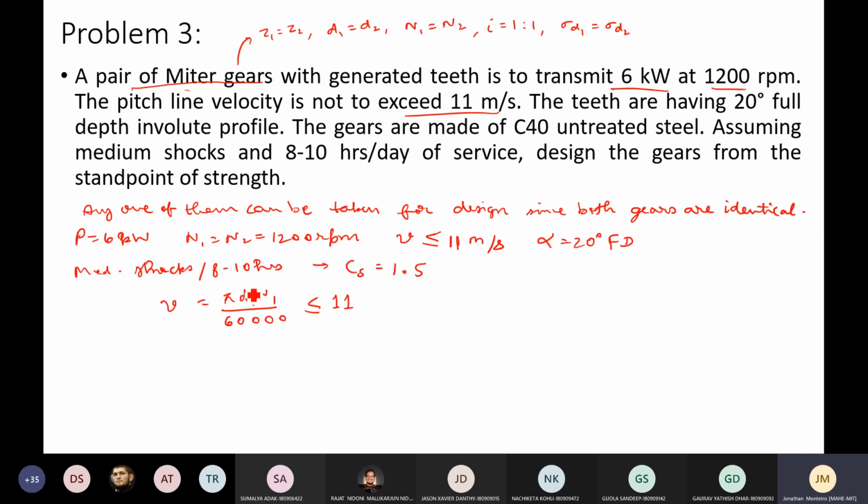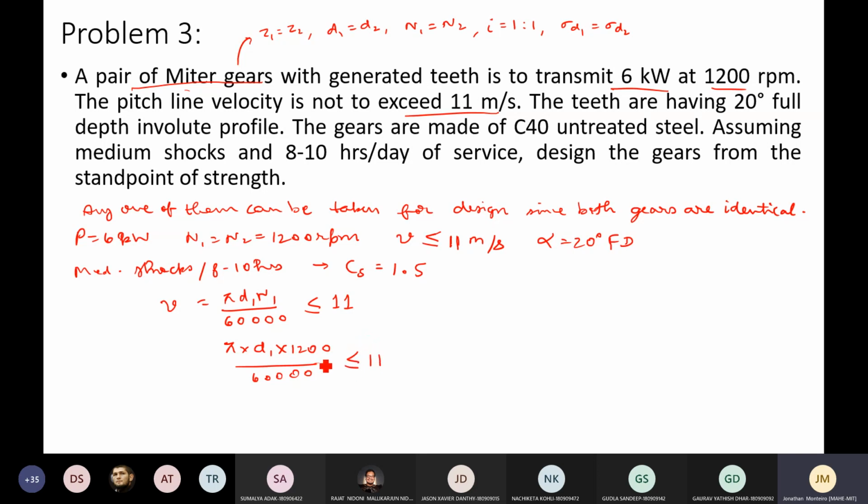Of course, both are unknown. We don't know what is Z, we don't know what is D. That is, both number of teeth and diameters are unknown. But one idea is that whatever you assign for the first, it will also be valid for the second. That is, pinion and gear are identical. Anyway, pi into d1 is unknown, n1 is 1200 by 60,000, less than or equal to 11.